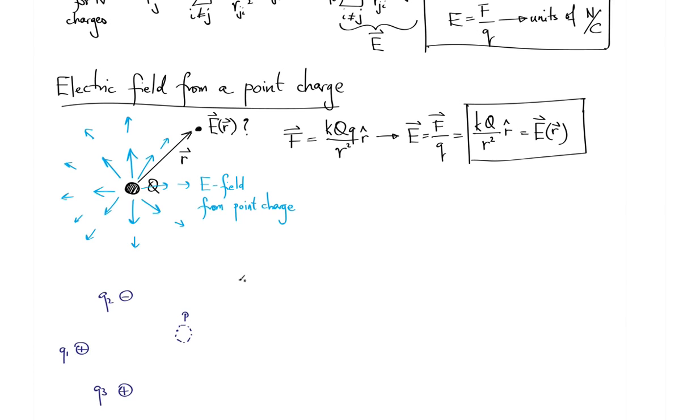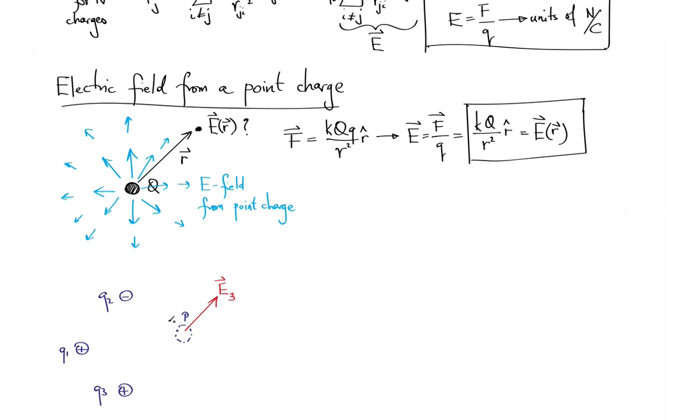And so, what we can do then is figure out if we had a point charge in there, what the force would be, and that basically gives us the direction the electric field is pointing in, right? So if I had a little positive charge here, the force from, let's say, Q3, I will call this E3, would point in that direction.